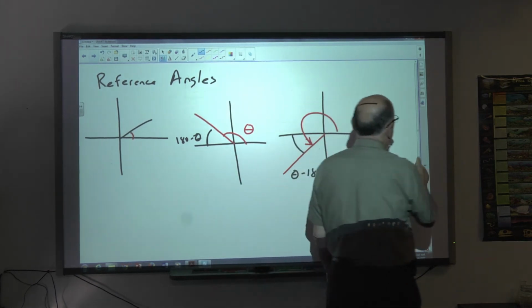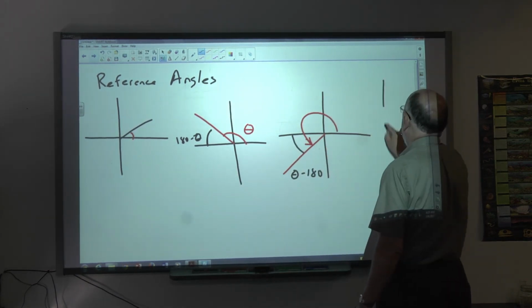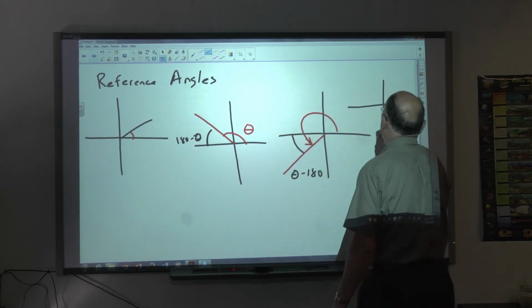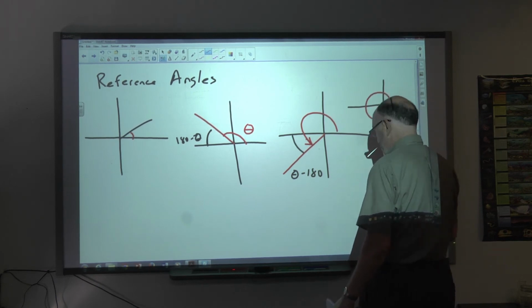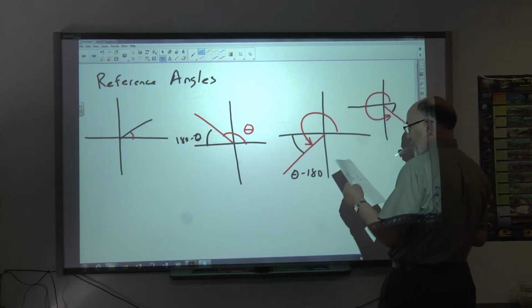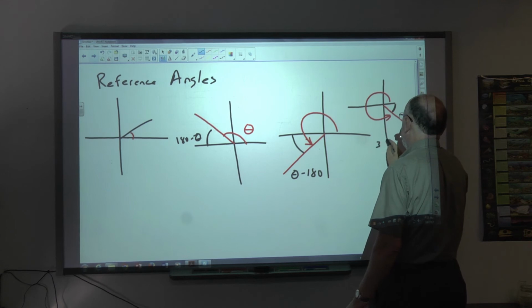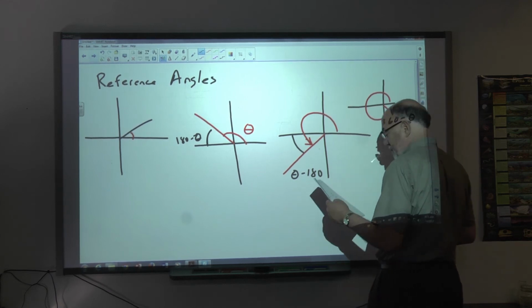And lastly, in the fourth quadrant, my angle is over here. My reference angle would then be this piece here, which will be given by 360 minus theta.